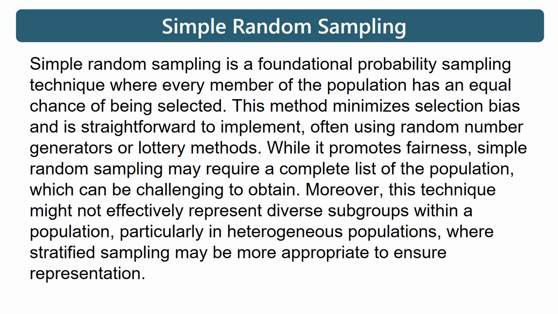While it promotes fairness, simple random sampling may require a complete list of the population, which can be challenging to obtain. Moreover, this technique might not effectively represent diverse subgroups within a population, particularly in heterogeneous populations where stratified sampling may be more appropriate to ensure representation.